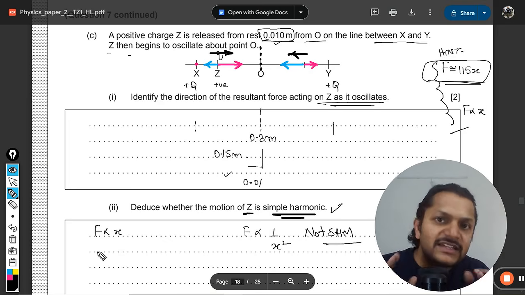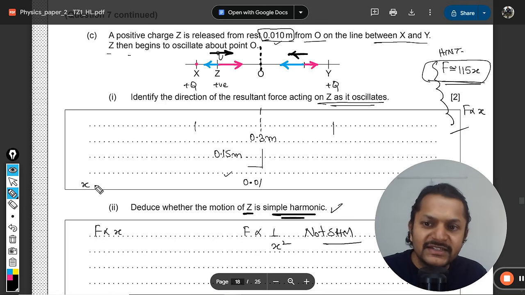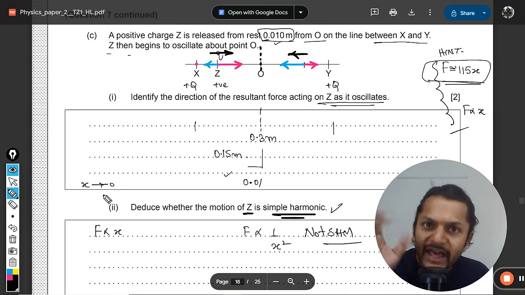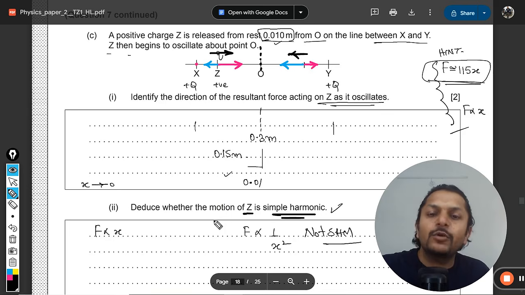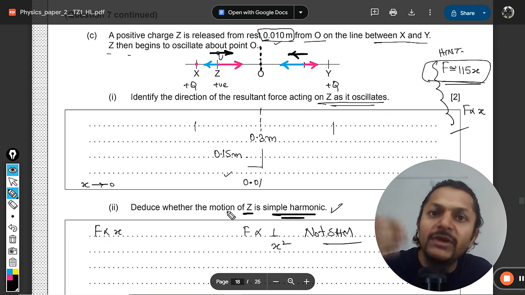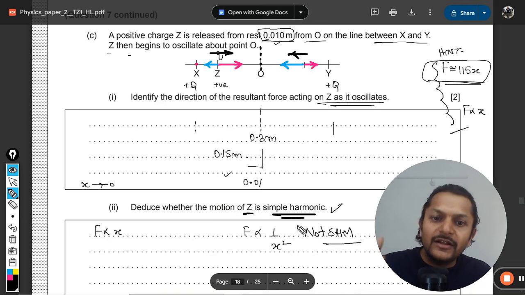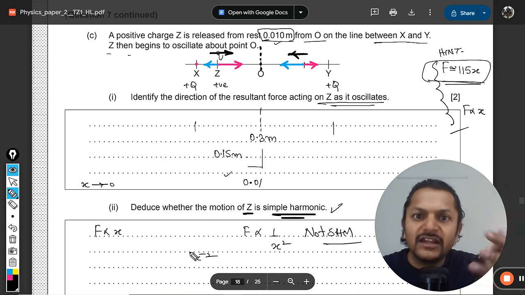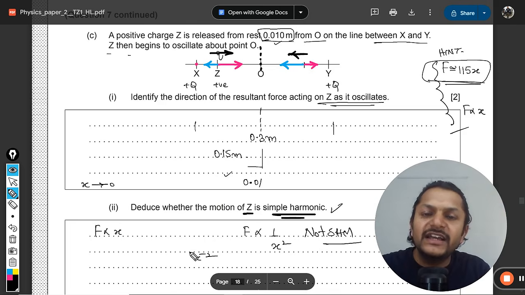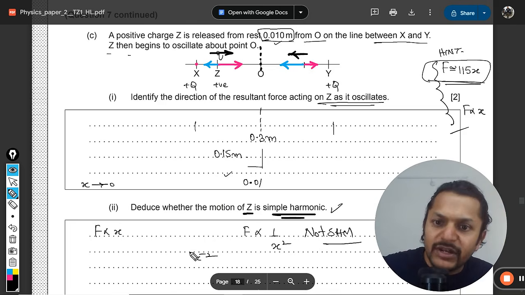Now, this variation is not given. If the distances are very small, if I say that x is tending to 0, then even in this question, we would be using the binomial expansion that you learn in maths AAHL, like x raised to power negative 2 something, and after that we can clearly say that yes, it is converted into simple harmonic motion provided x is tending to 0.